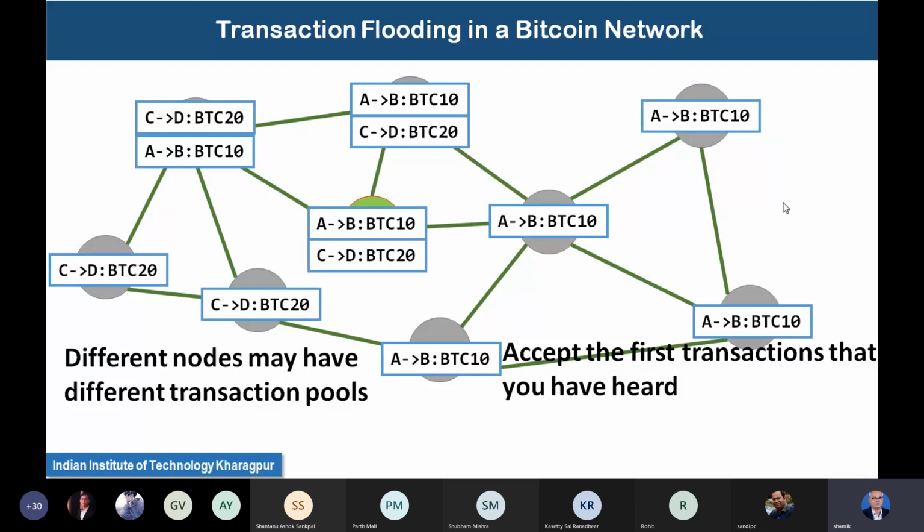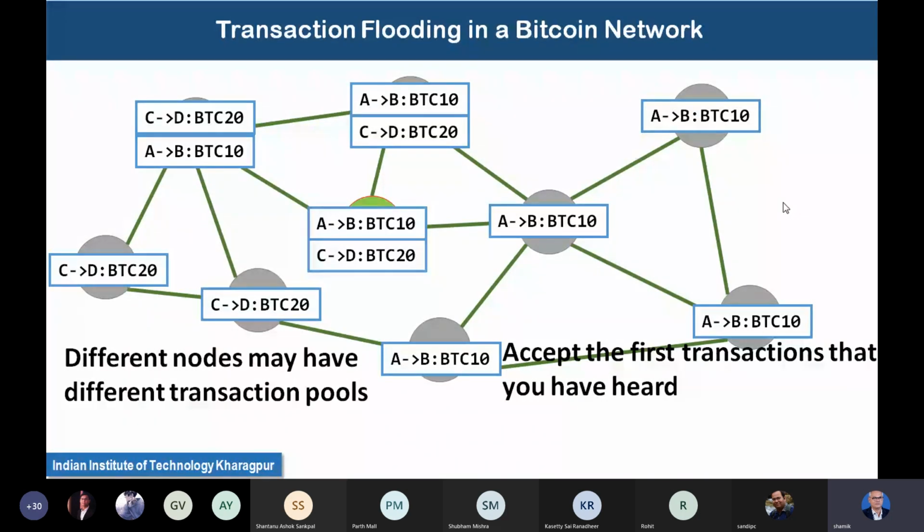What will happen is that these are all going into a set of transaction pools, those which are not yet included in any particular block. These are the transactions in their local transaction pools, and as and when a set of transactions gets included in a block, those will be removed from the transaction pool. As you can see here, because of this completely asynchronous nature, different nodes can have different views of the set of transactions.